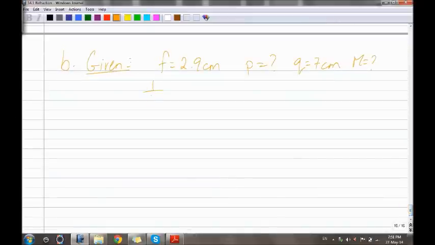So we use the formula 1 over P plus 1 over Q equals 1 over F. Here we have to find the P, so 1 over P equals 1 over F minus 1 over Q. So 1 over F, which is 2.9, minus 1 over 7. So the answer would be 0.201.